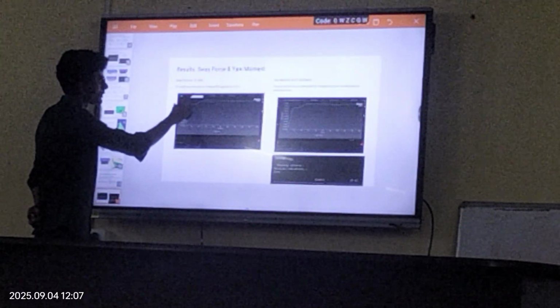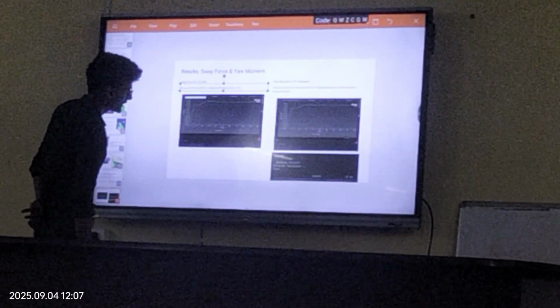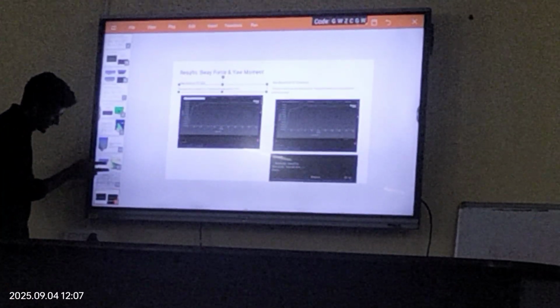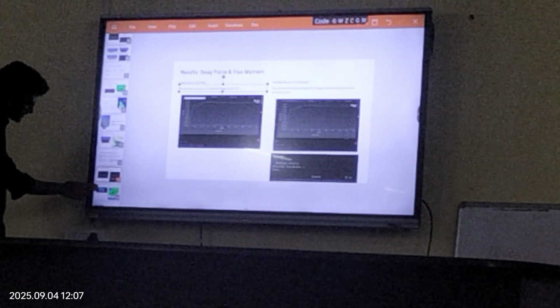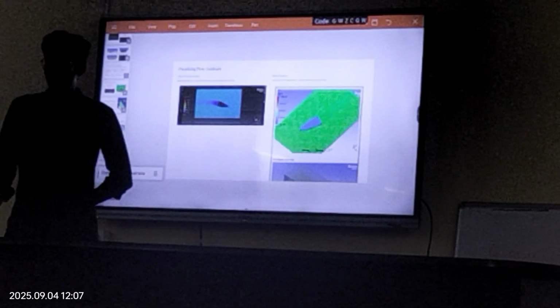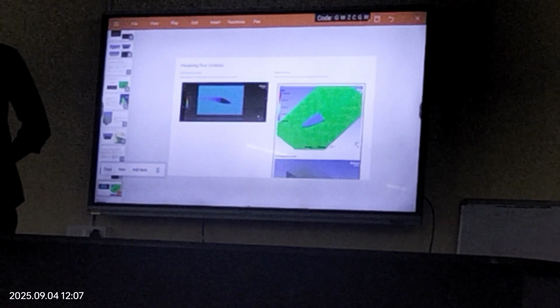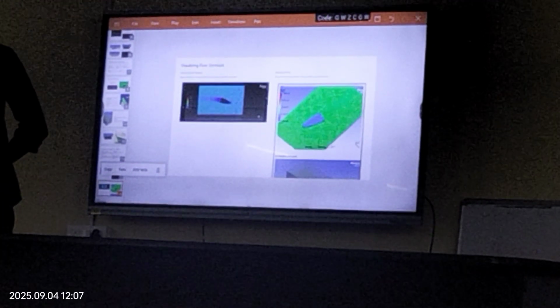These are the results obtained for sway force and yaw moment at 15 degrees. I haven't got the remaining. I have done this experiment at 5 degrees, 10 degrees, and up to 30 degrees, but I haven't got that information from my professor.